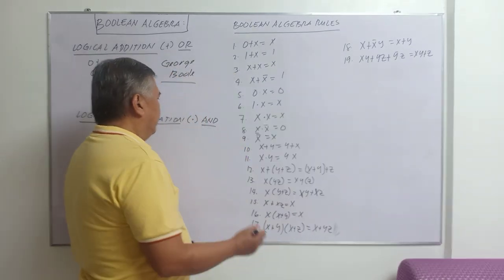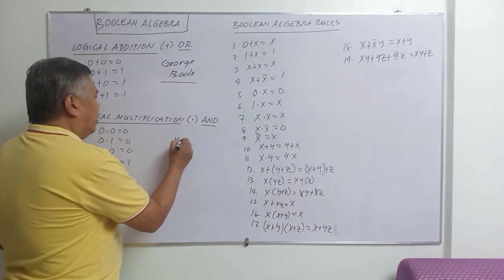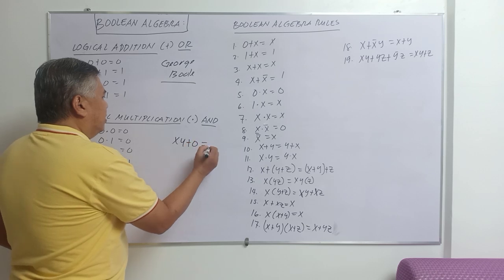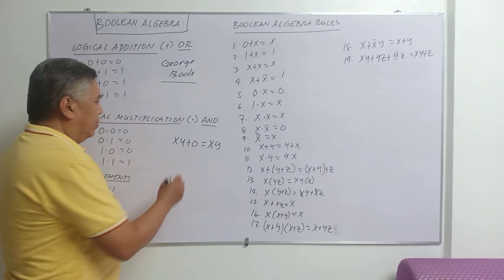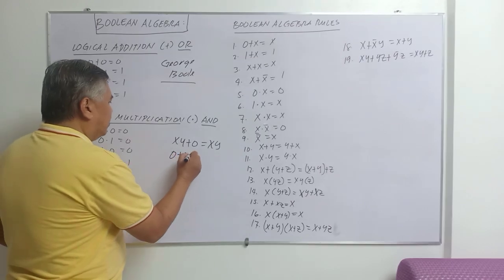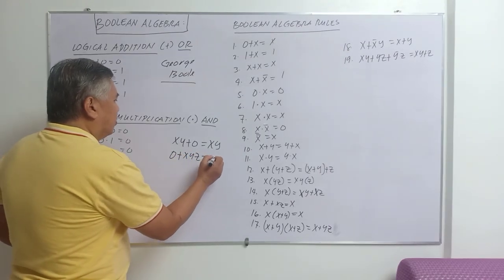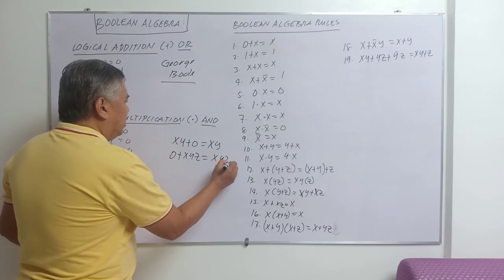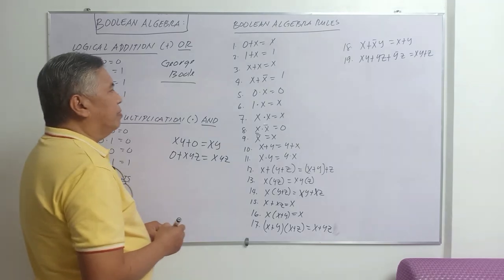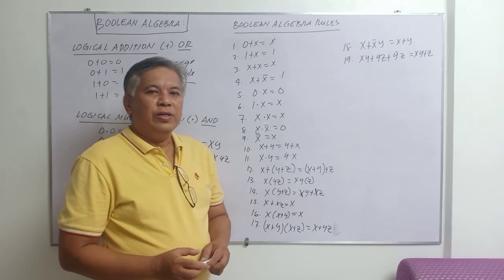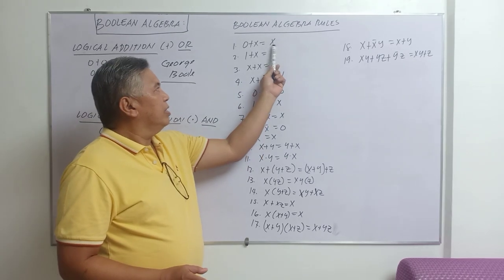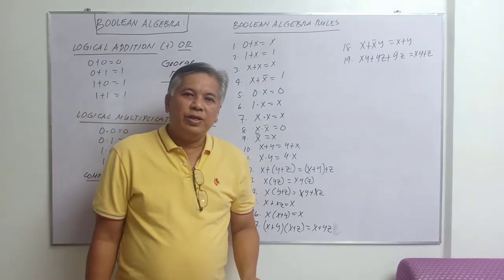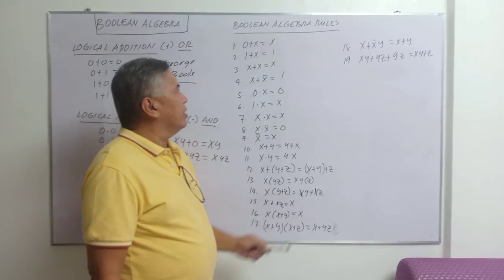Example, xy plus 0, the answer is xy. Or 0 plus xyz is equal to xyz. That is rule number 1.